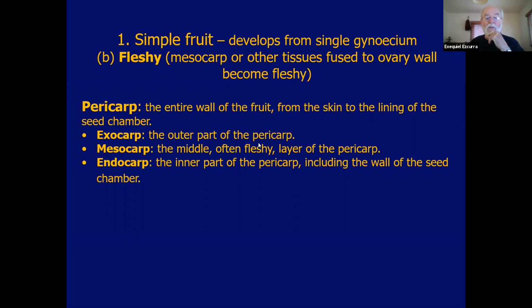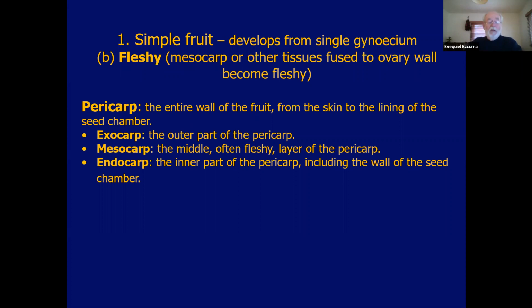So once the ovary is fertilized and the ovules become seeds, the ovary itself becomes, in fleshy fruits, a fleshy structure. The external part of the ovary forms the part of the fruit that is known as the pericarp. So the entire wall of the fruit, from the skin to the lining of the seed chamber, which is the entire ovary chamber, becomes the pericarp.